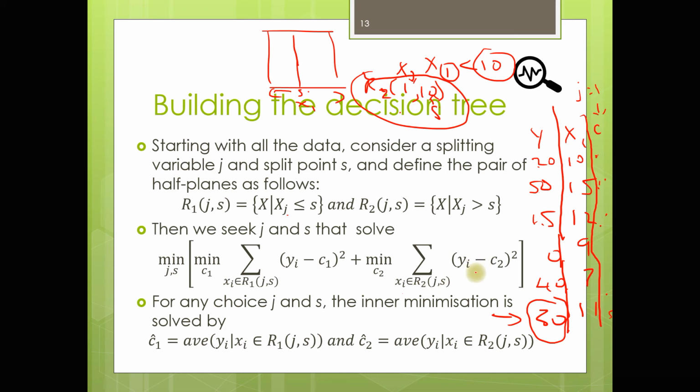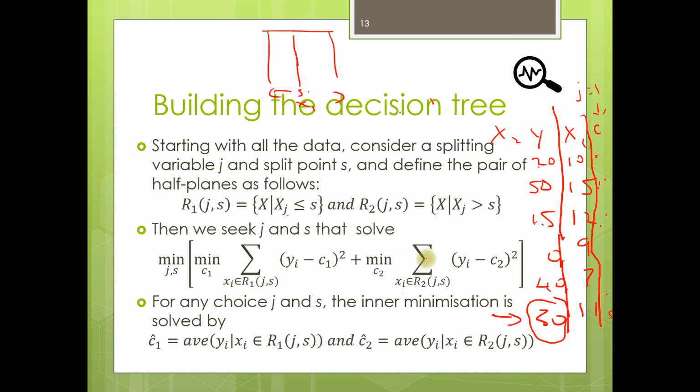Now you have to understand that I've decided for x1. Now we need to do the same thing for another variable x2. That is, we'll have to do it for j2 and so on. So let's get back to this point here. Let's not diverge. You will see that this step is straightforward because there is a minimization that is going on, and the minimization is obtained by an average of y over that particular region.